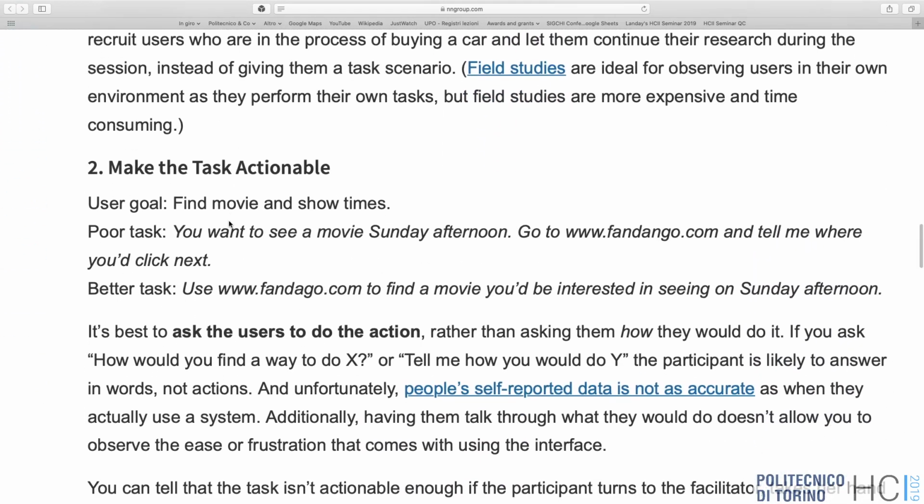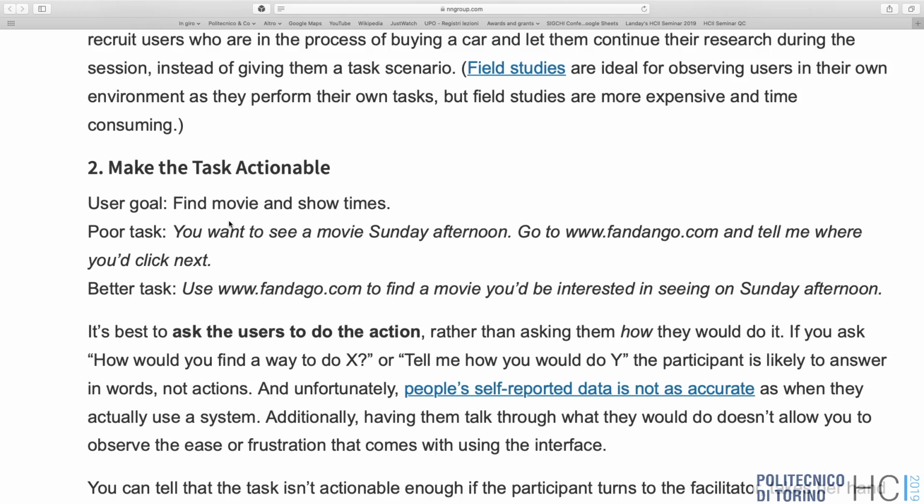Or make the task actionable. So if the goal is find movies in a short time, the adequate task is use the website to find a movie you would be interested in seeing, so you can create some context, on Sunday afternoon. You give the user a website, find a movie on a specific period of a specific day, the afternoon.